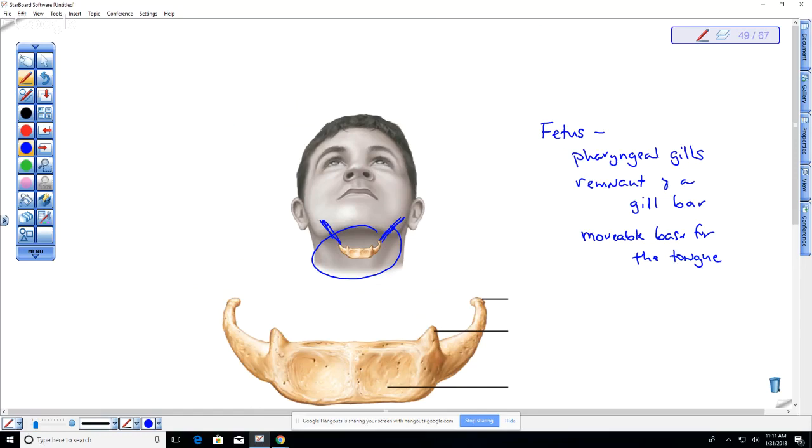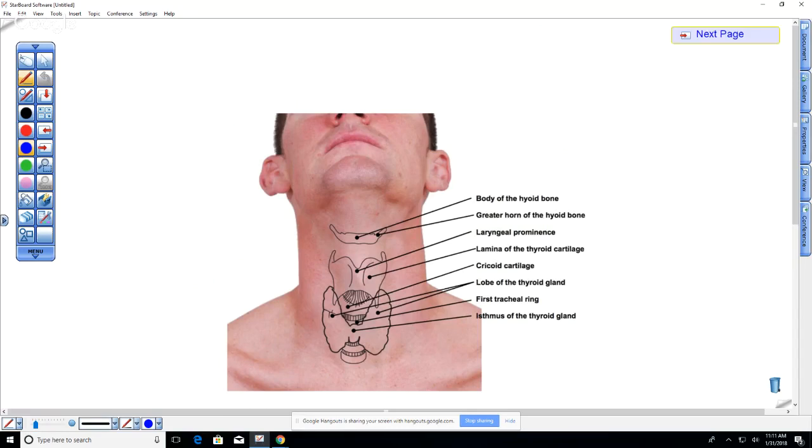It is also connected to our larynx, our vocal cords, or rather it's connected to the thyroid cartilage. If we look at a diagram of this in our body, this is where your hyoid bone would sit, above where you feel the cartilage of your trachea.